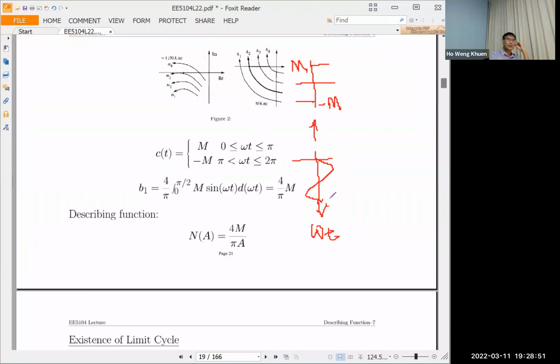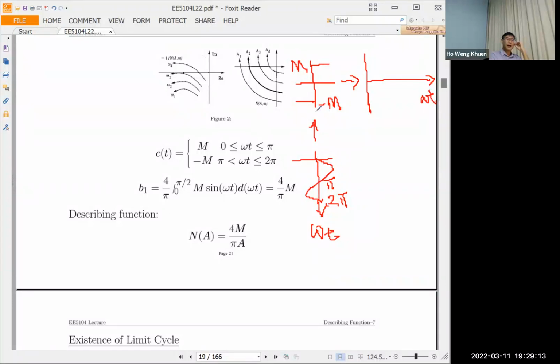If this is omega t, the sine wave here would be 2 pi. Here is pi. From here to here, the output should be, this is omega t.